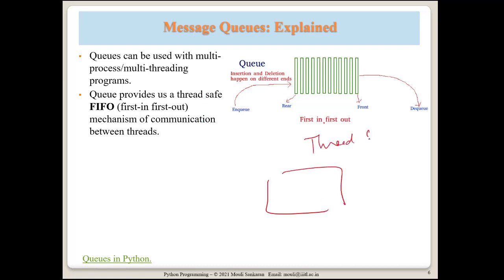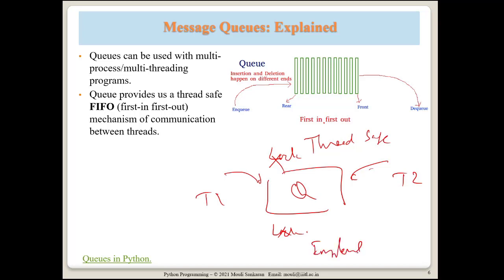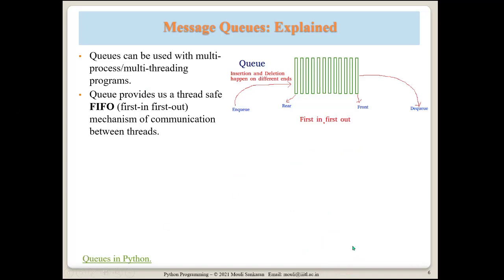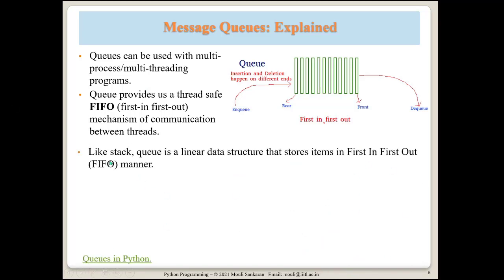When I say thread safe, you don't need to acquire or release a lock before using the queue. It is because the queue is also a common data structure being accessed by two different threads, and the implementation below takes care of protecting it. So you don't need to worry about it.